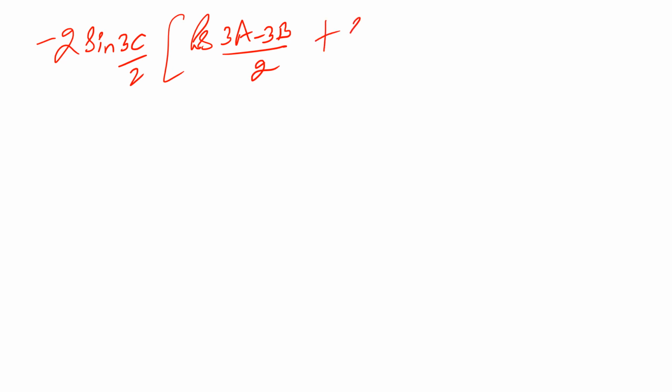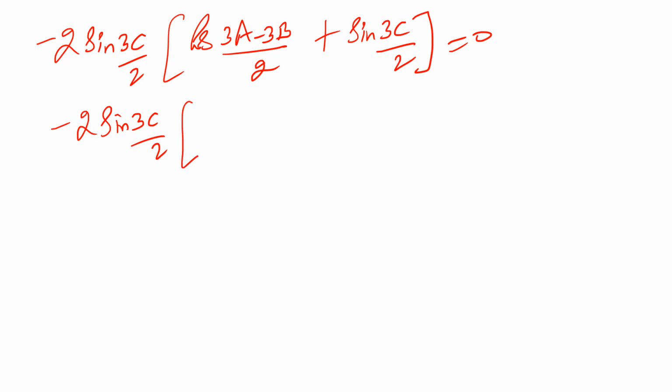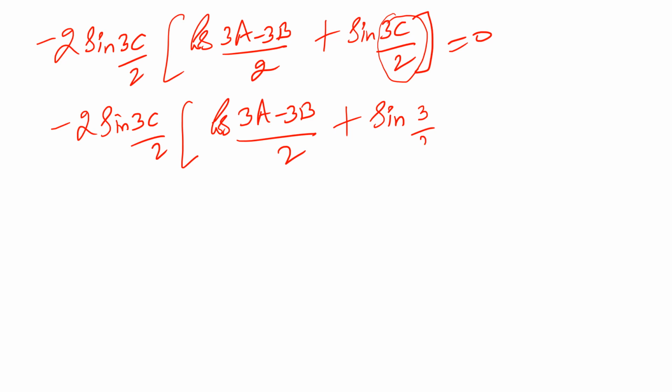Now if we take minus 2 sine 3C by 2 common, inside the bracket I am going to get cos (3A minus 3B) divided by 2 plus sine 3C by 2, right, equal to 0. Now this can be written as minus 2 sine 3C by 2, inside the bracket cos (3A minus 3B) by 2, and this 3C I can replace as sine of 3 by 2 inside the bracket.